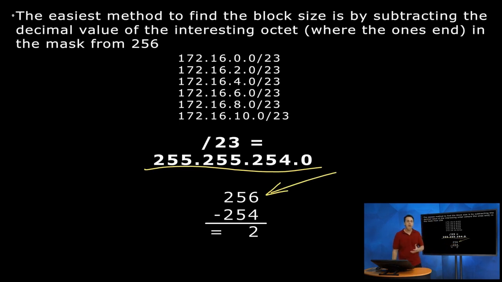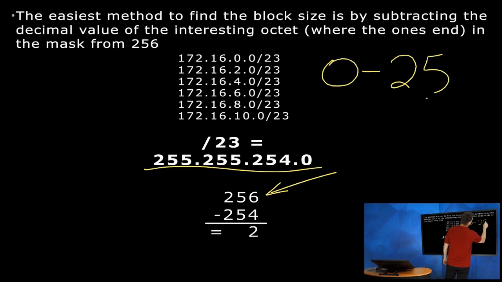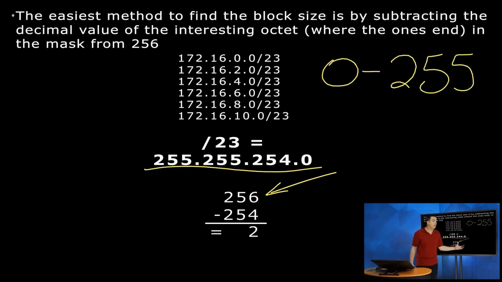Well, it's the maximum number of values you can have in any given octet. So we have 0, which could be a value, and the highest number can be 255. So how many values is that? That's 256 total IPv4 addresses within an octet, 0 to 255.